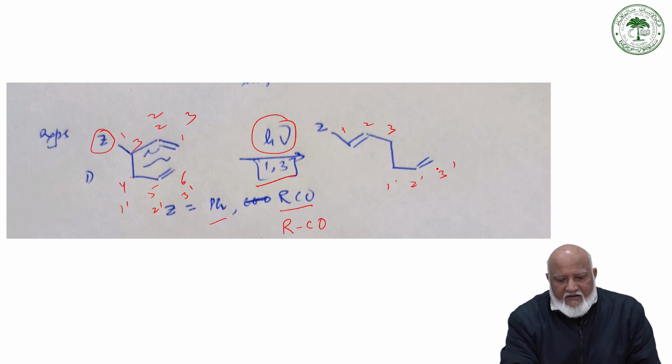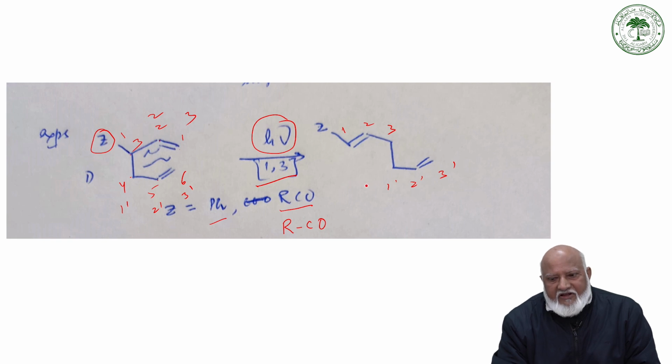Now you can see the substituent, which was on carbon number 1 connected to a saturated carbon, is, after the rearrangement, on an unsaturated carbon. So this is a new product after the rearrangement.